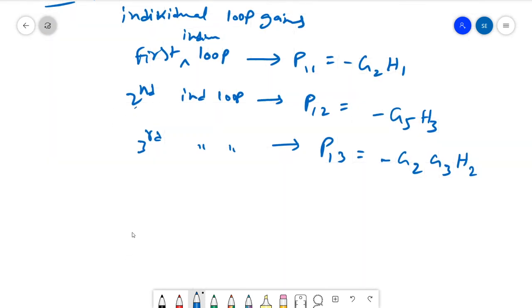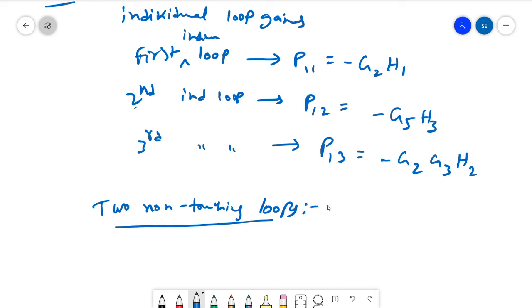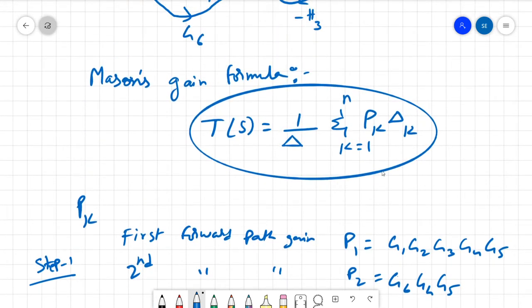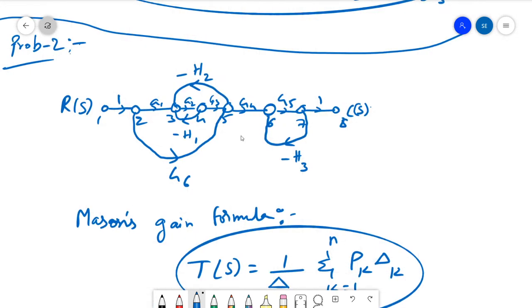Then the second thing we have to calculate to compute del is two non-touching loops. Check non-touching loops in this diagram. So this loop and this loop are non-touching. Again this loop and this loop are non-touching.